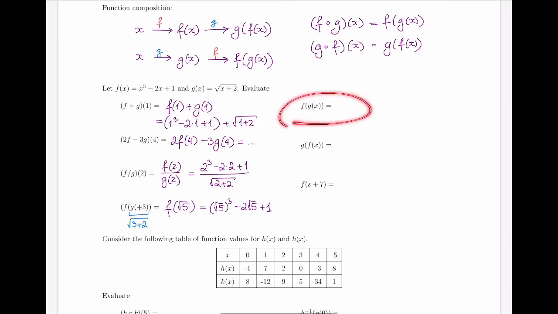If we want to write down a general expression for the function f of g of x, that means that I have to take the function g of x, which is, of course, square root of x plus 2, and plug that as the input into function f.